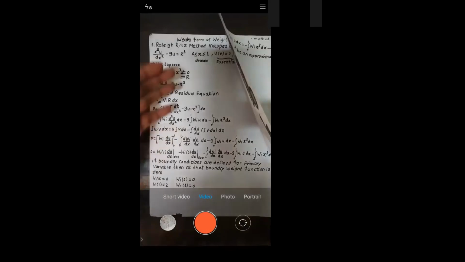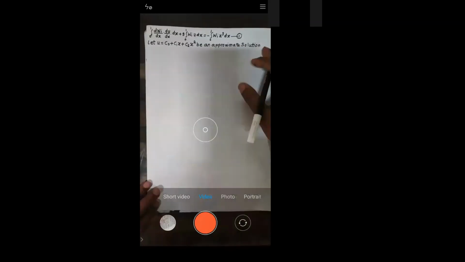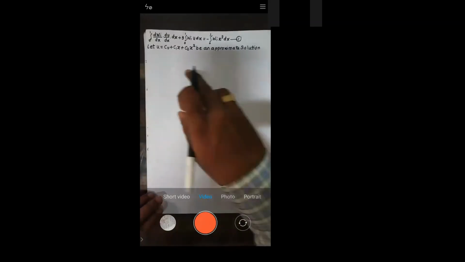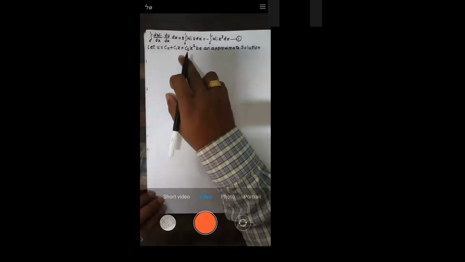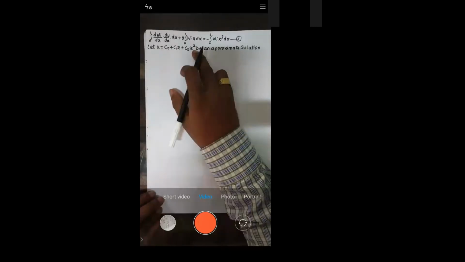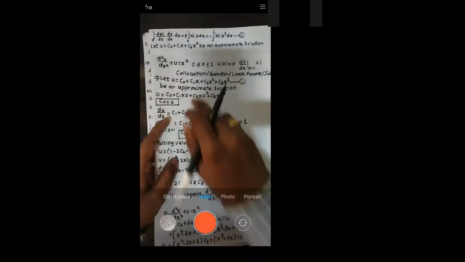So initially we have made that equation weak. It is better for us to solve the equation with fewer constants, because in the previous problem there were three constants in the approximate solution that we had to calculate.